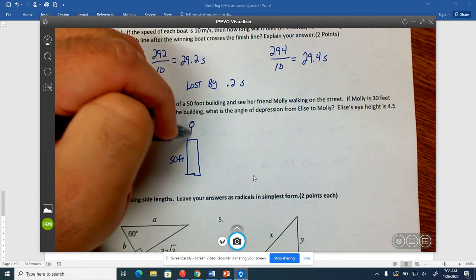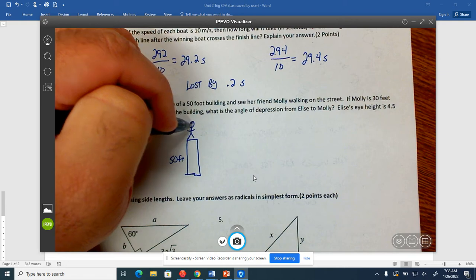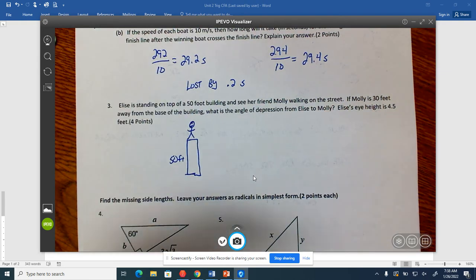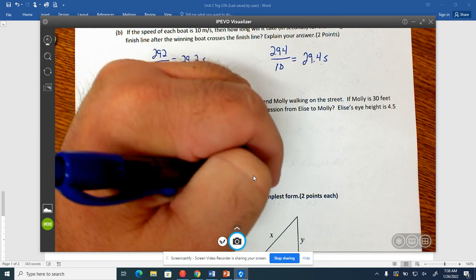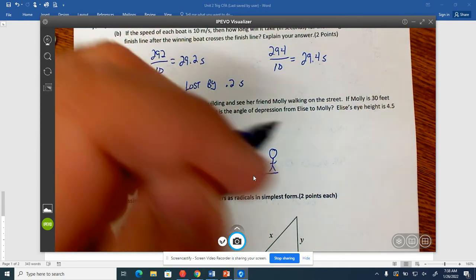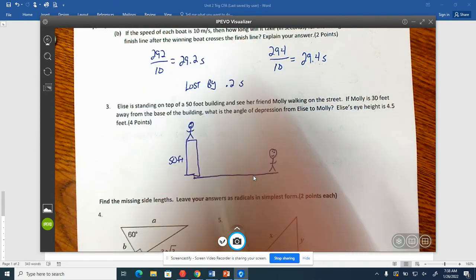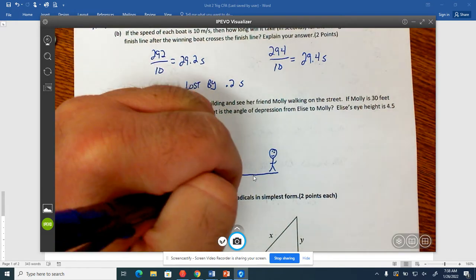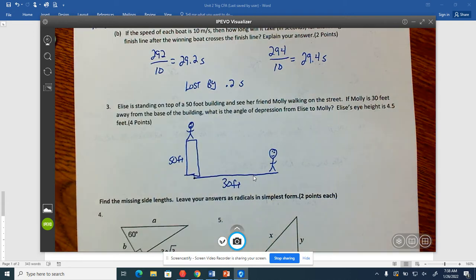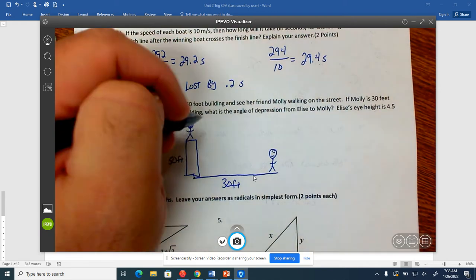Here is Elise. And she sees her friend Molly walking on a street. Here is Molly. If Molly is 30 feet away from the base of the building, what is the angle of depression?